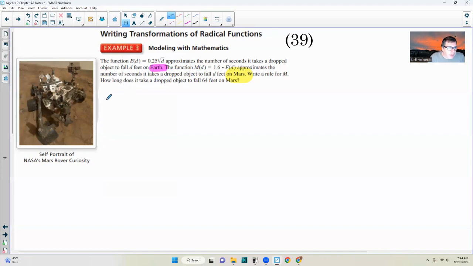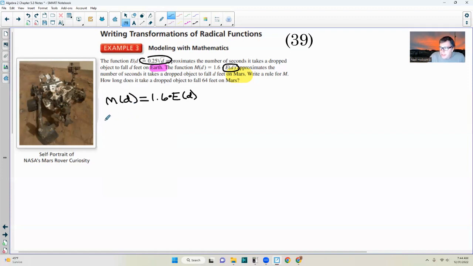So first of all, we want to write M of D equals 1.6. We're given that 1.6 times Earth times D. So you're taking the Earth's equation and multiplying it by 1.6. So now all we're going to do is substitute. Since E of D is equal to 0.25 square root D, that is going to replace E of D here.